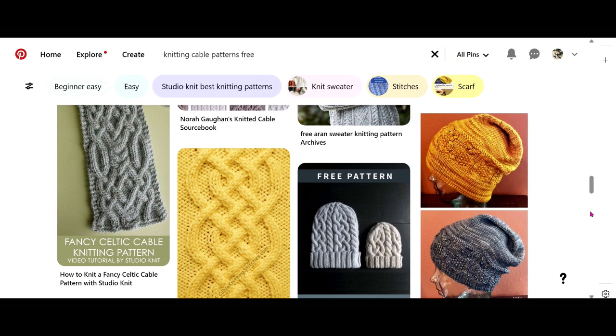Increasing or decreasing, whatever. And upside down, that's a little bit complicated. Okay, so this trick is good for cable design and color work design.